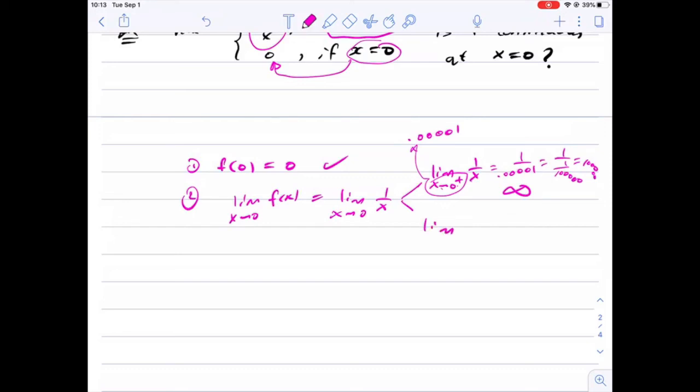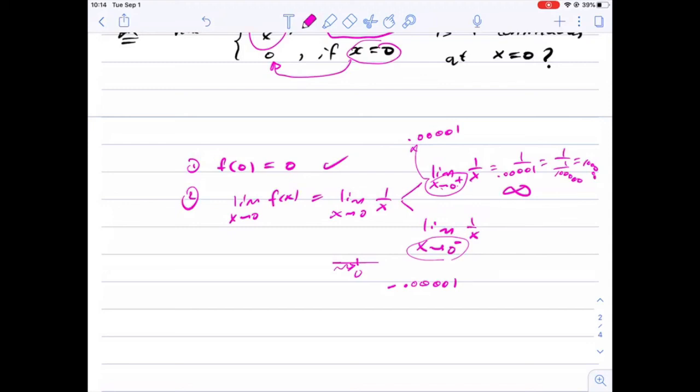Now let's study the limit as x goes to 0 from the left. From the left, let's choose a value that's very close to 0 but from the left. Let's choose negative 0.00001.